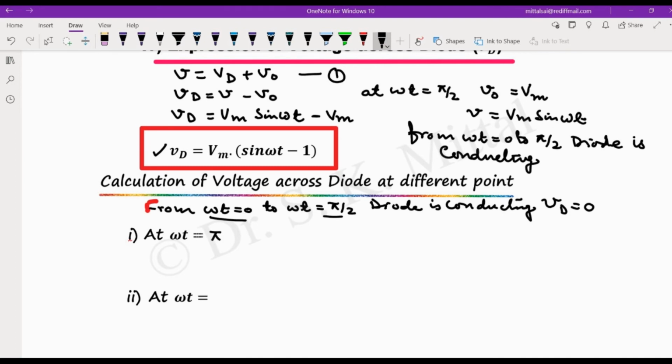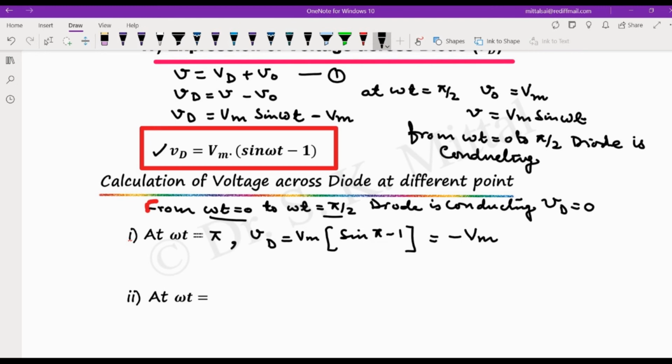At omega t is equal to pi, Vd is equal to Vm sine pi minus 1, and therefore the value of Vd is equal to minus Vm. So this is the value at omega t is equal to pi. On the basis of this, we will calculate the voltage and then we will draw the voltage across diode. So now at omega t is equal to pi, we have calculated the voltage across diode.